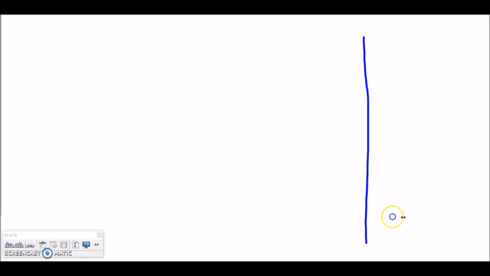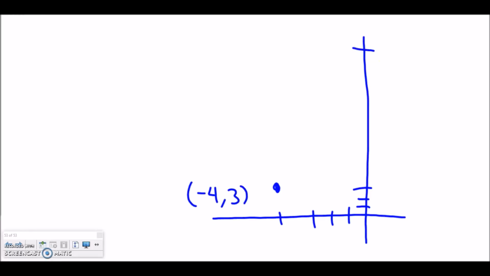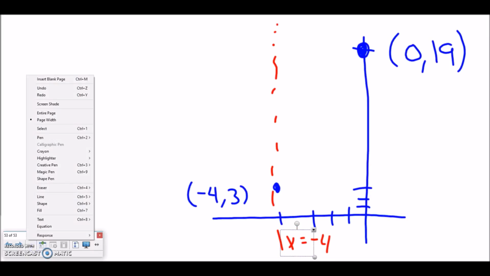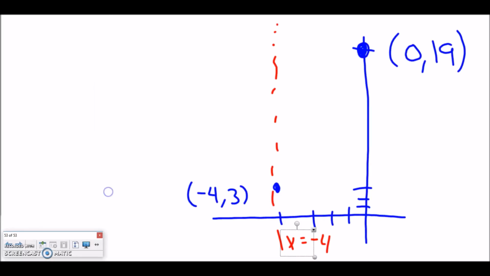So let's think about this. Our vertex, we said, was at (-4, 3). And I will put our coordinates there. And we just found that our y-intercept was at (0, 19). And we also have our axis of symmetry, which is like our mirror, at x equals -4. Now with all of that, can you figure out, if I were to do a mirror image of (0, 19) somewhere over here, where would that be?